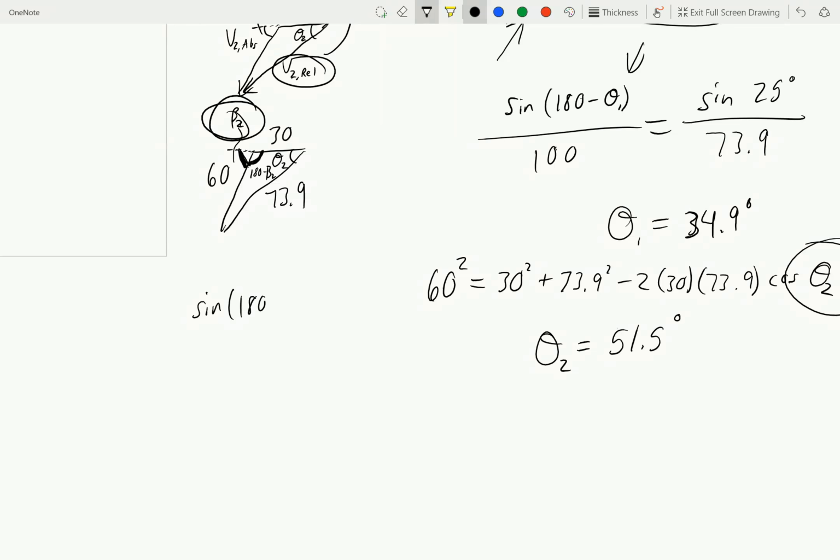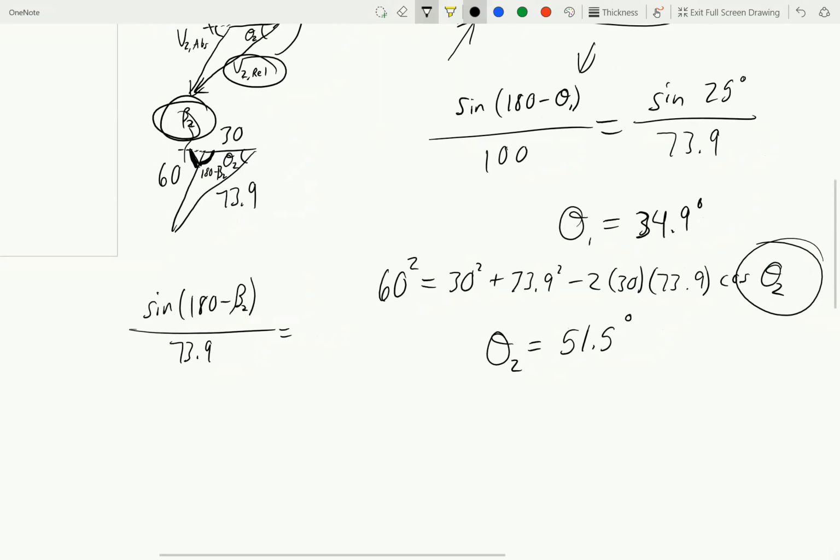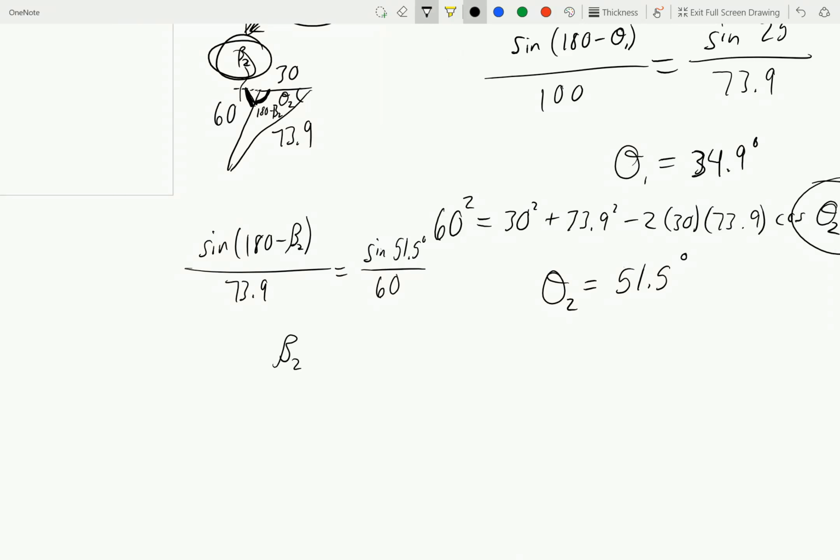So we have sine of 180 minus beta 2 over 73.9, which is equal to sine of 51.5 degrees over 60, and we can solve that equation for beta 2, and that ends up being 74.6 degrees.